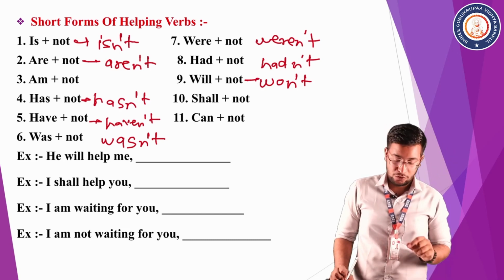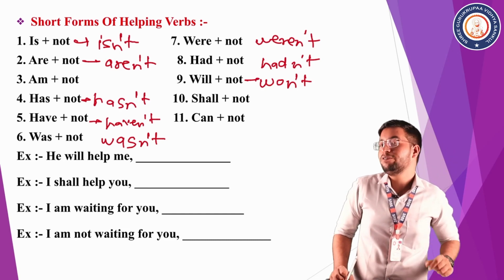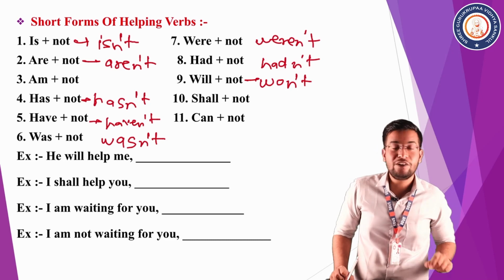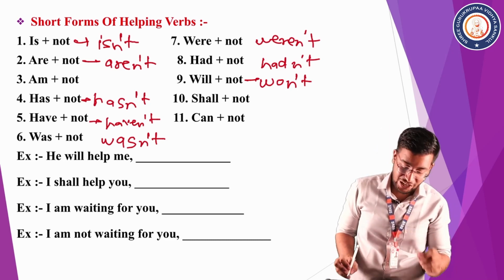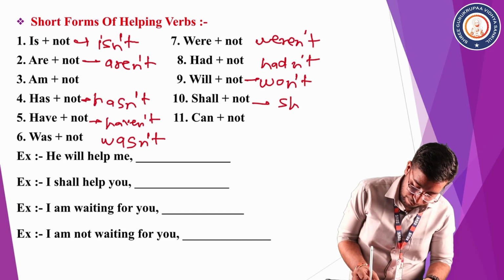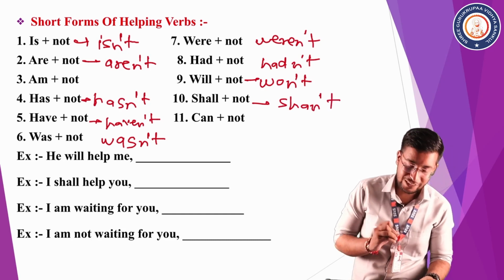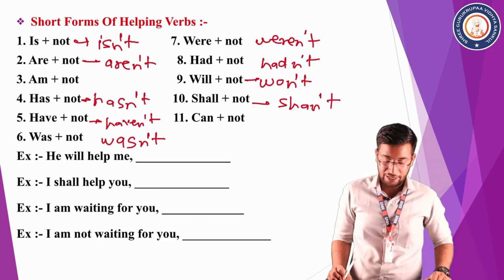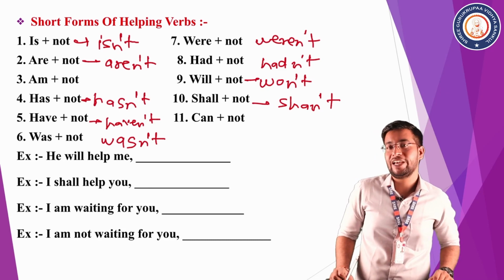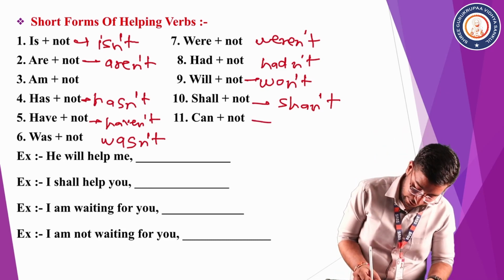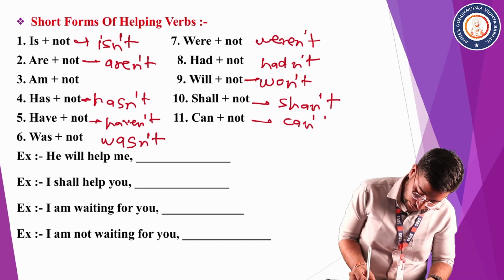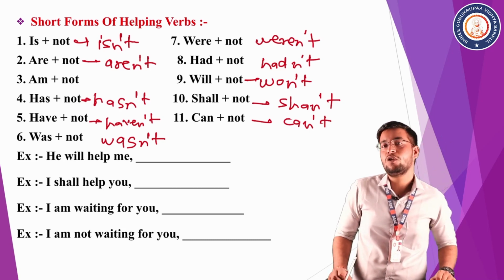In the next example, shall plus not. What will be the short form of shall plus not? It won't be shalln't. It will be shan't. You have to remember this thing. And what will be the short form of can plus not? Yes, it is can't. And what will be the short form of am plus not?